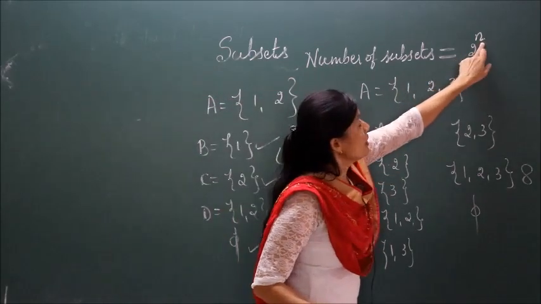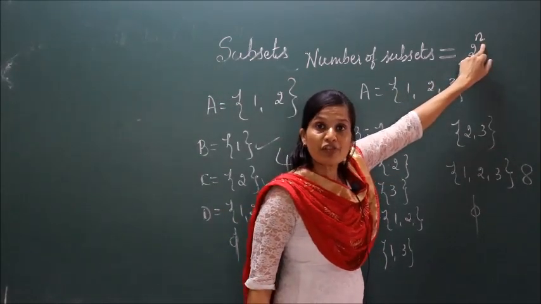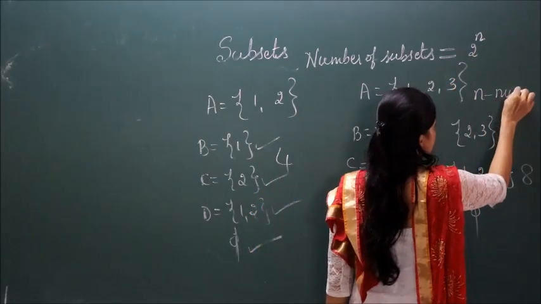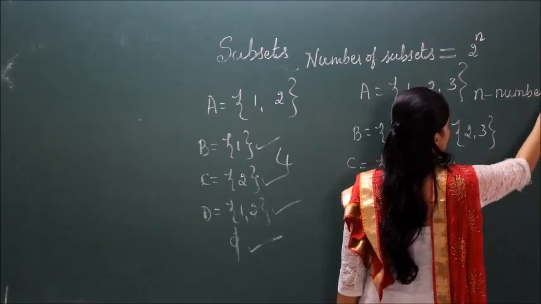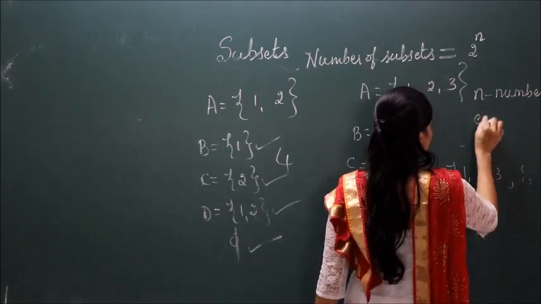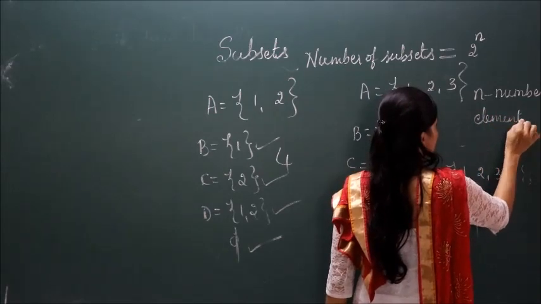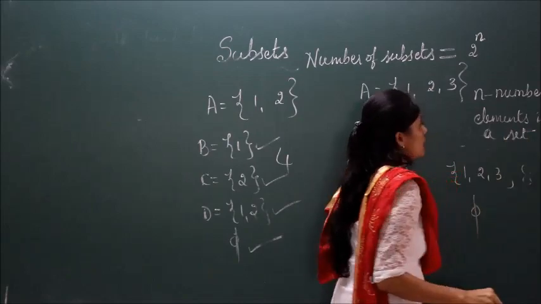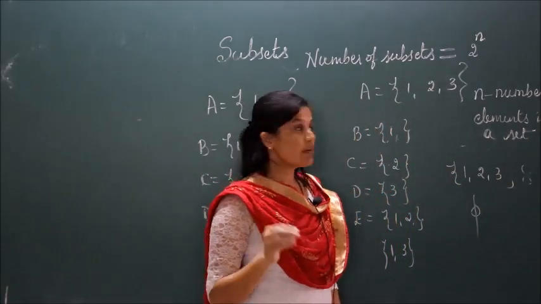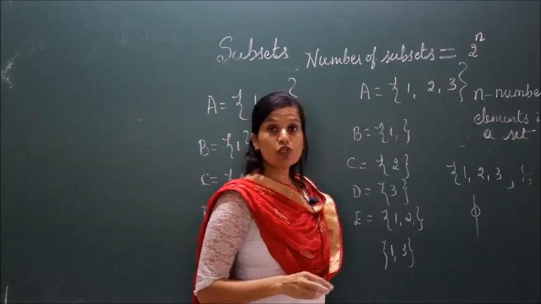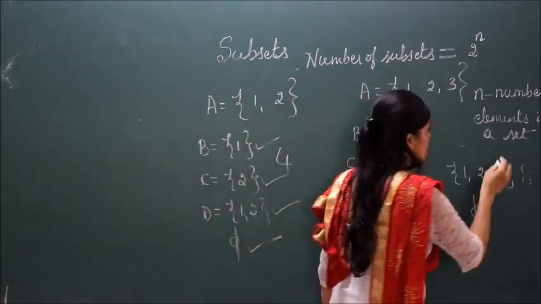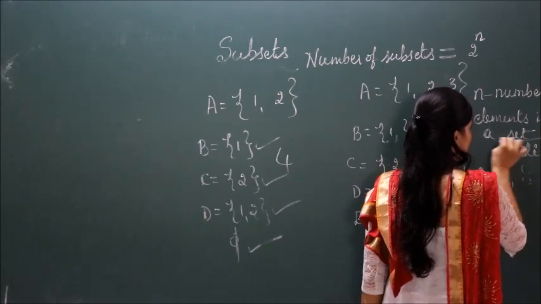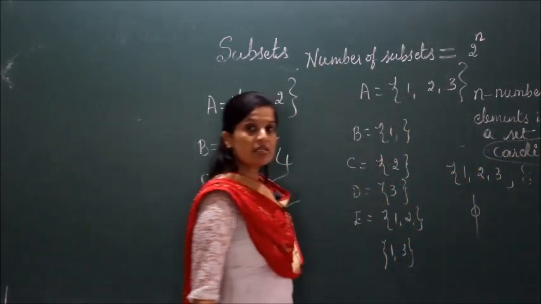What is this n? n is the number of elements in the set. Number of elements in a given set, that is n. It is also called cardinal number.